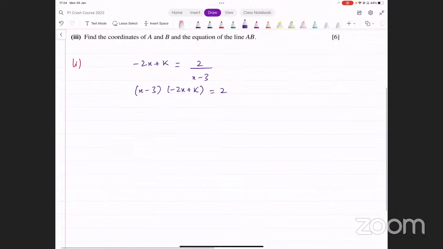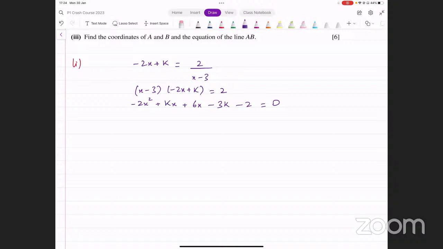Let's multiply these two expressions and we get minus 2x squared plus kx plus 6x and minus 3k. Let's take this 2 to the left side as well. We've got minus 2 equal to 0 here. All right. Now let's simplify this a bit.